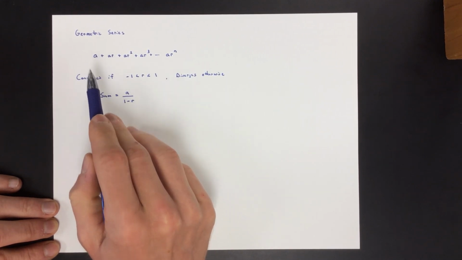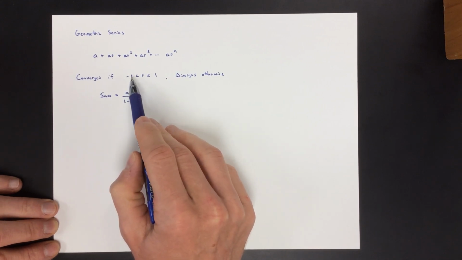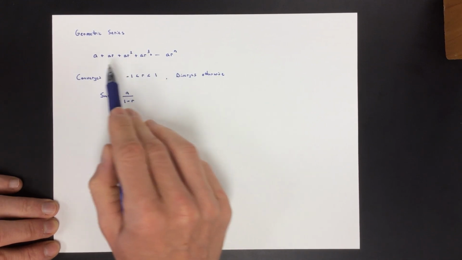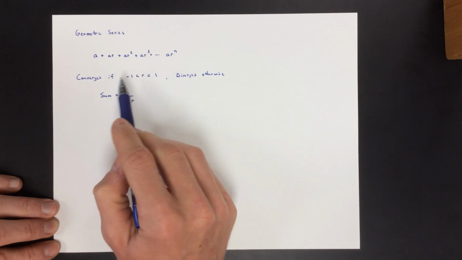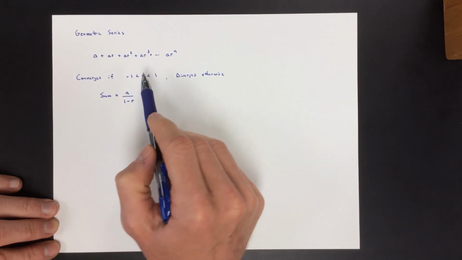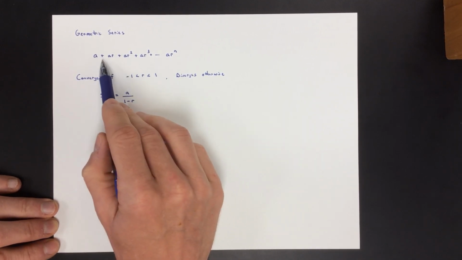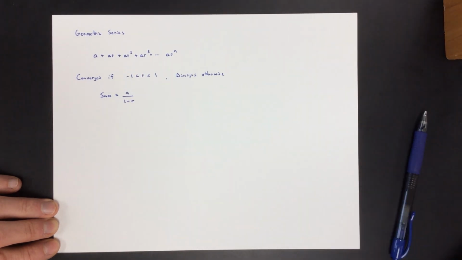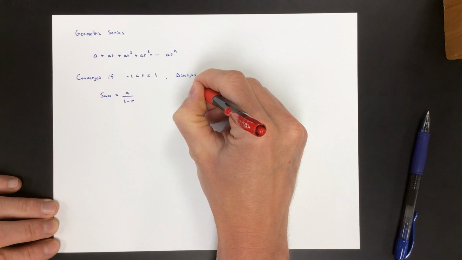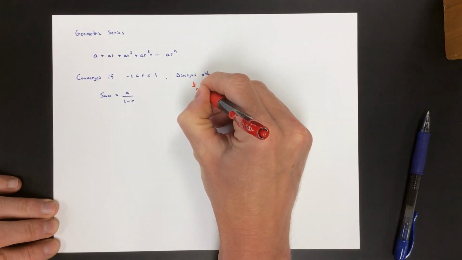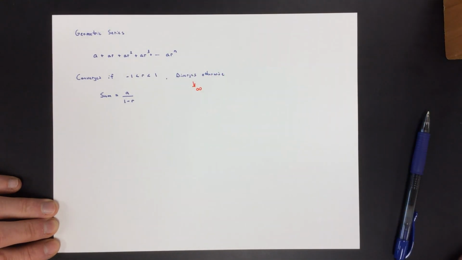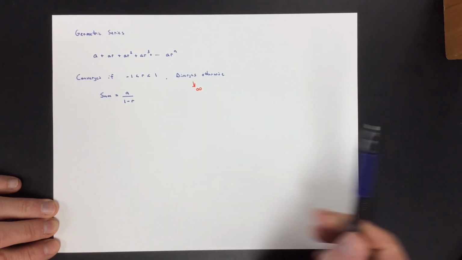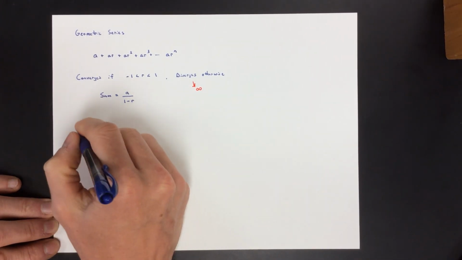It doesn't depend on A at all in terms of whether it converges. The sum depends on A, but whether it converges is only dependent on R. And if it diverges, remember, that means it has an infinite sum, or just alternates between some values.